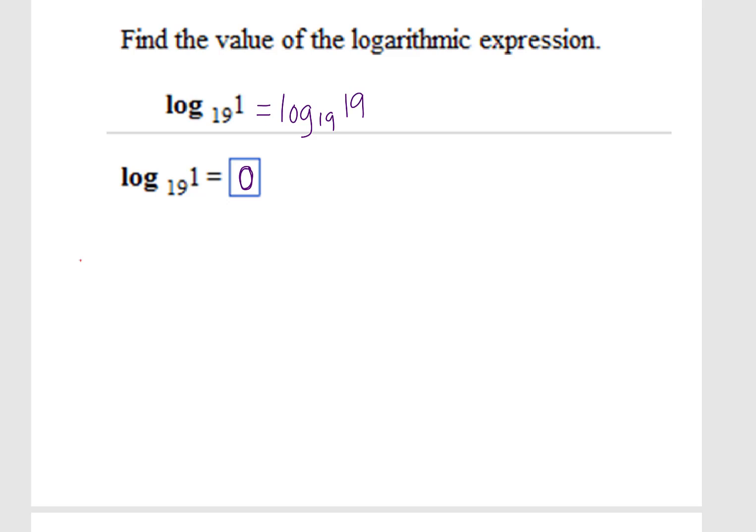So to get it down to 1, remember the rule that any value raised to the 0 power is equivalent to 1. So here, we matched up our bases, so now we can get rid of it and just say it's the exponent, 0. Look what I'm saying: 19 raised to what power is 19 raised to the 0? 0, right? So that makes sense.